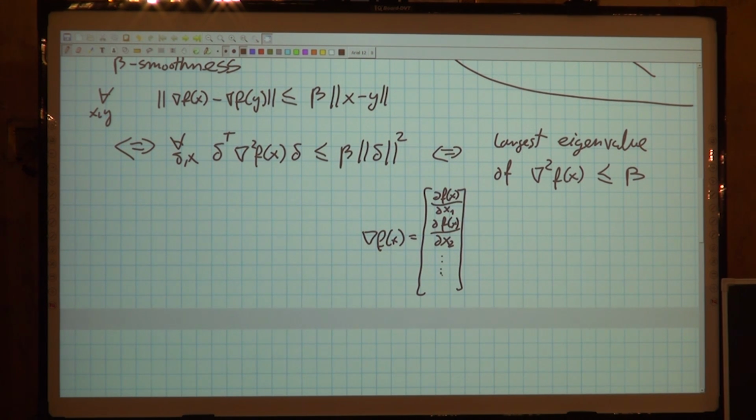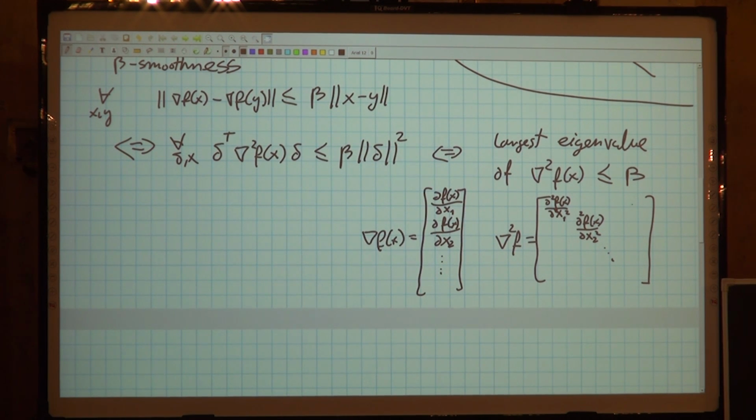It tells you how the function changes locally if I vary this particular coordinate. And the Hessian is just an m by m matrix which has the second order derivatives. On the diagonal, I just take the same variable twice.